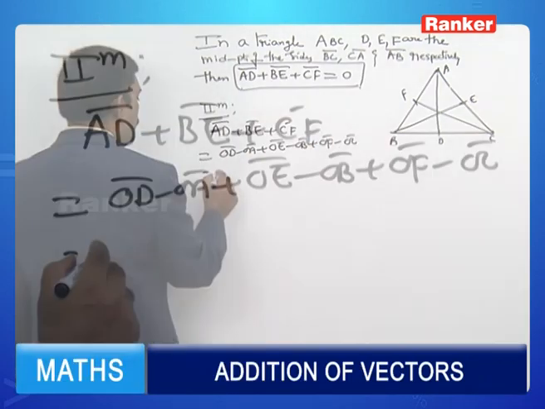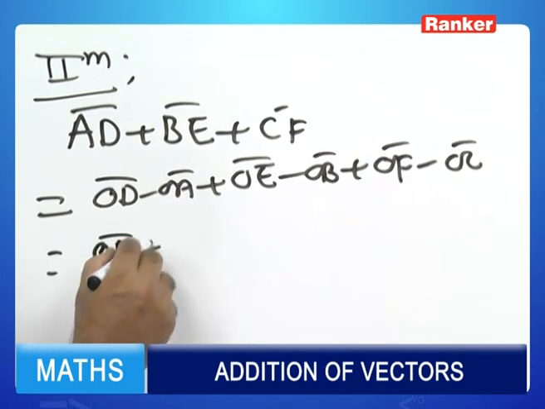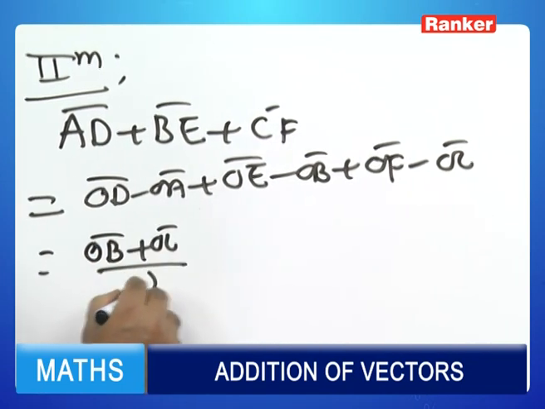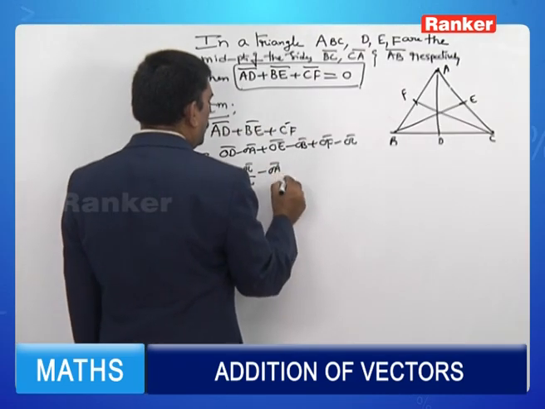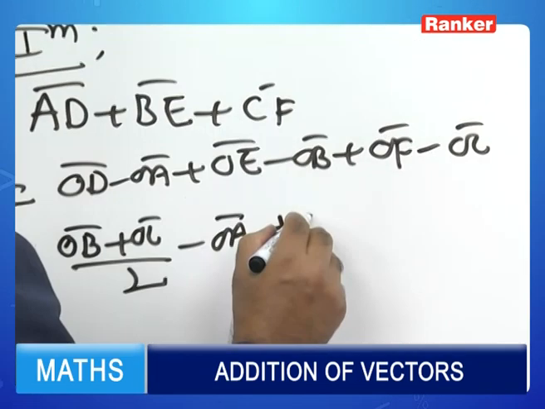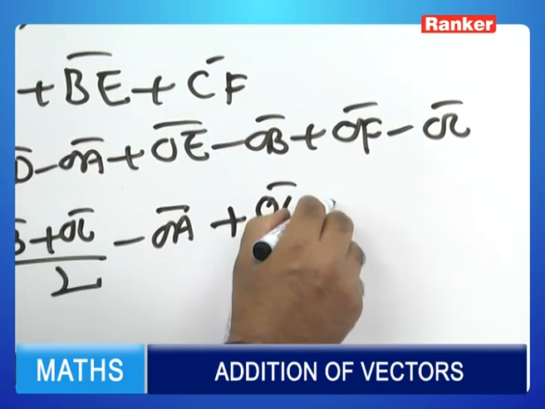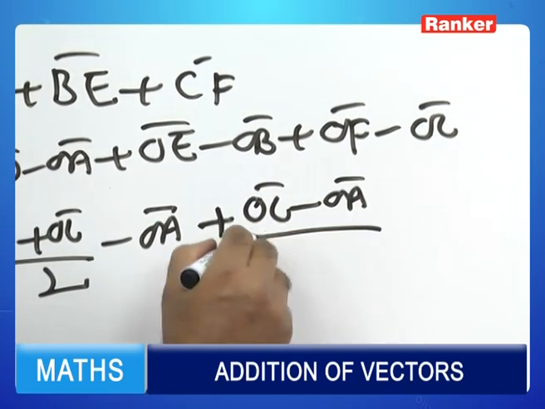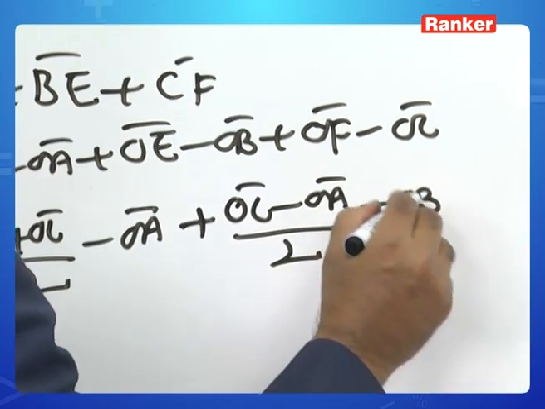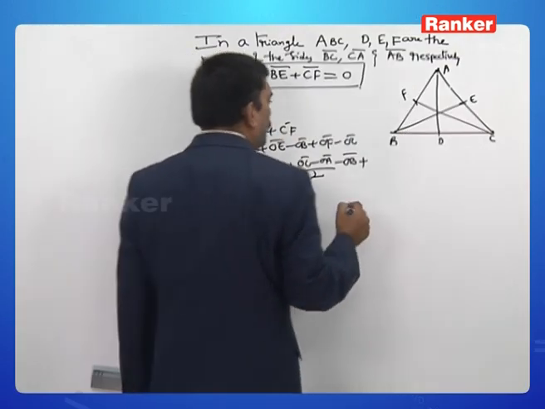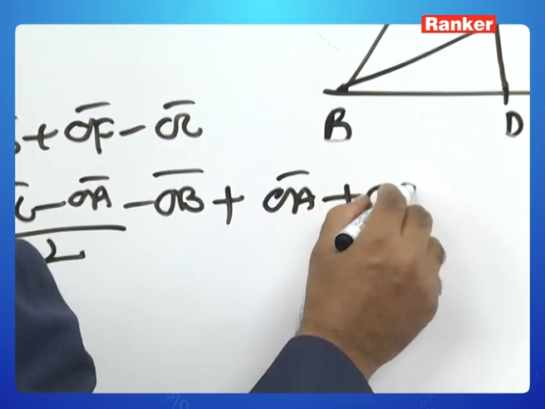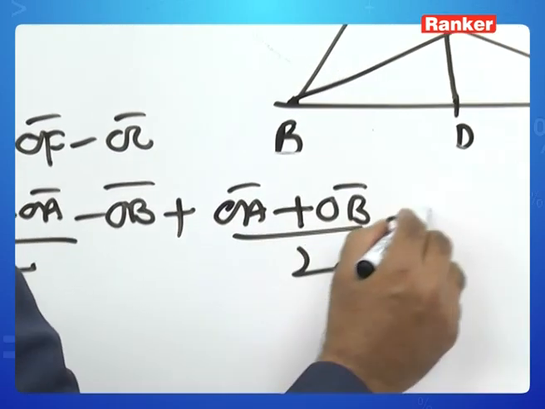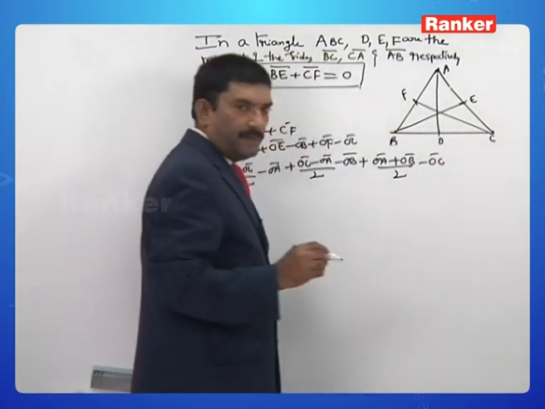Already we wrote it. What is OD bar? OB bar plus OC bar by 2 minus OA bar. Next, OE bar is OC bar plus OA bar by 2 minus OB bar. What is OF bar? OA bar plus OB bar by 2 minus OC bar, right?